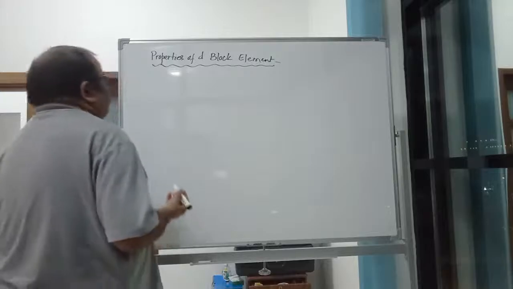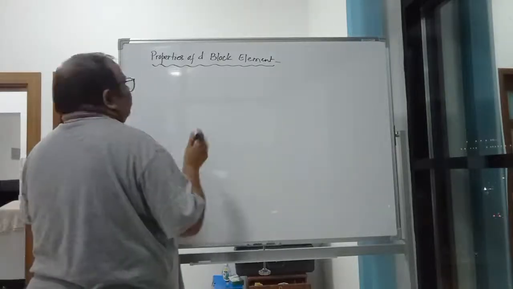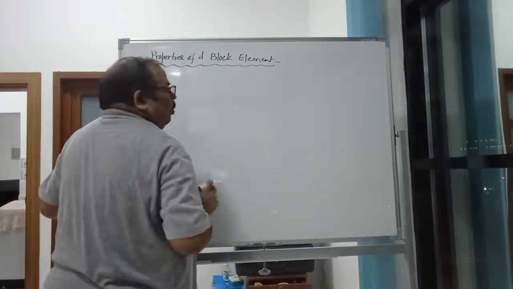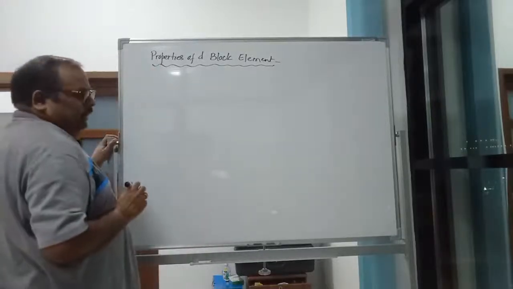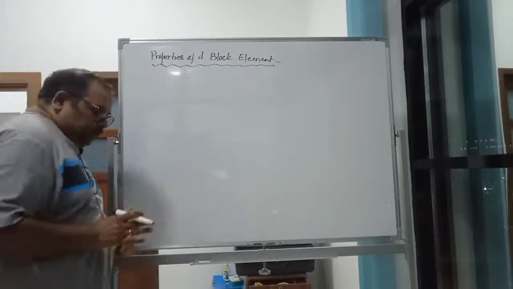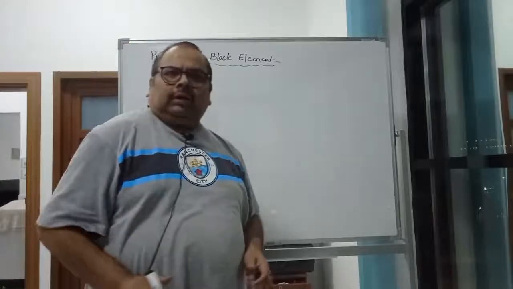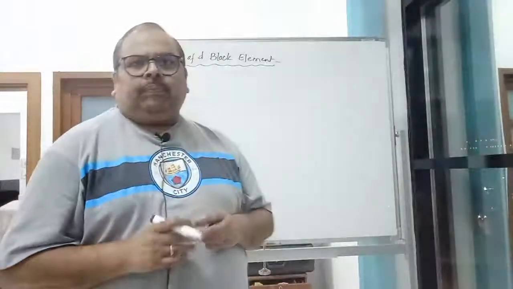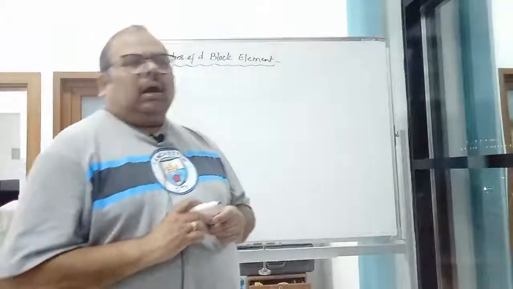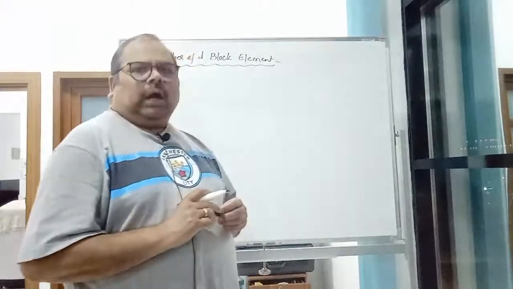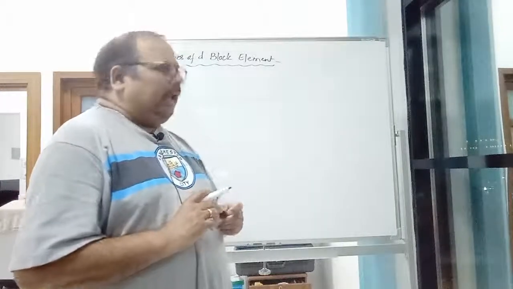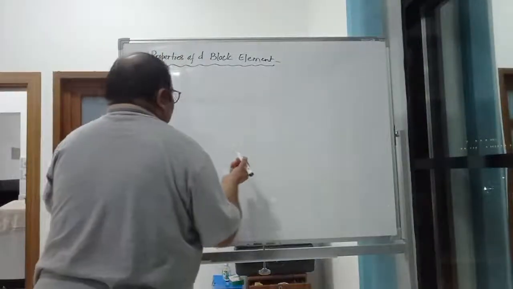We have to see the elements which are placed in the D block, and how you can identify them. Any element whose last electron is placed in the d orbital of the valency shell, or the d orbital of the outermost shell, is termed a D block element. So first we will see this point.